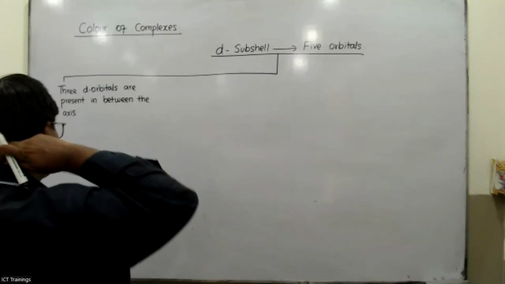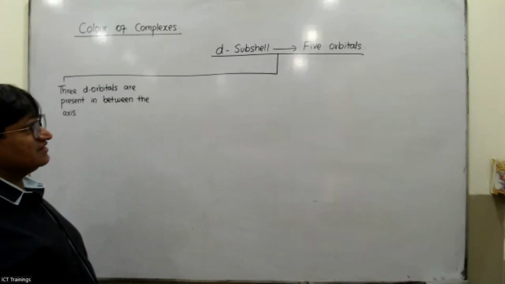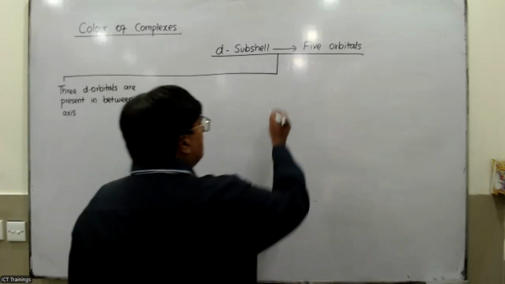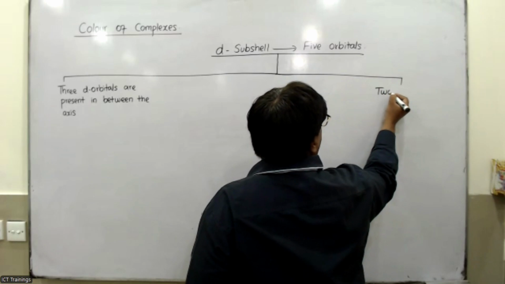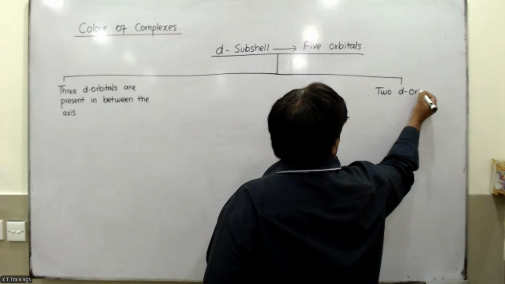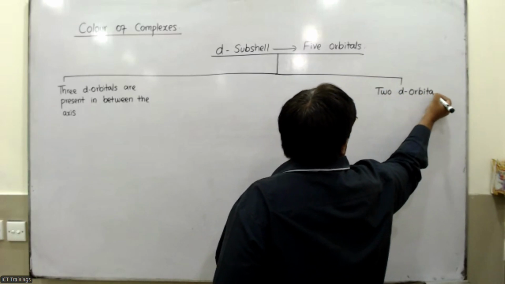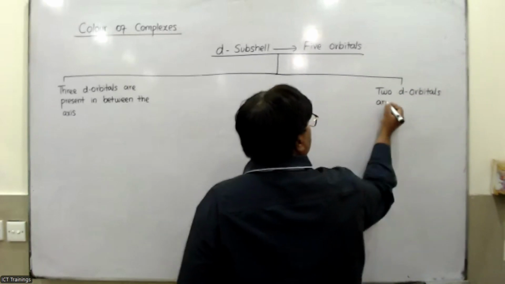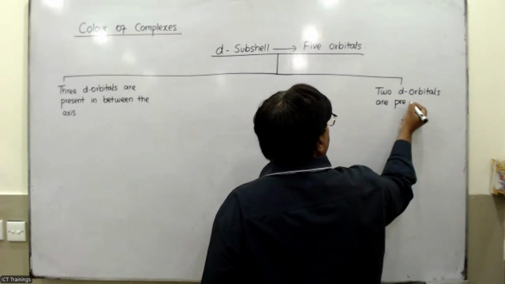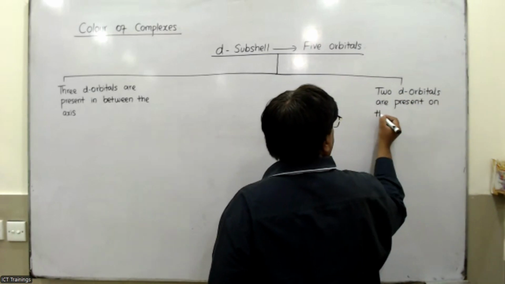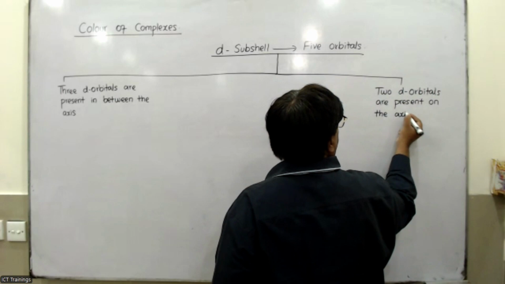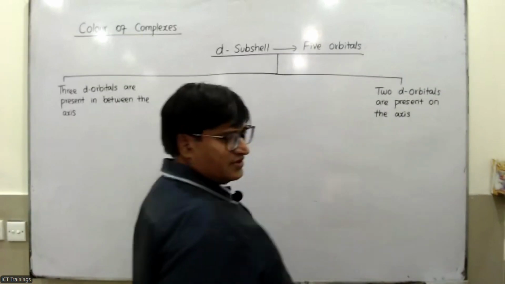Okay. So the three d orbitals are present in between the axis, whereas the two d orbitals are present on the axis. So you got three d orbitals which are present in between the axis, and two d orbitals which are present on the axis.